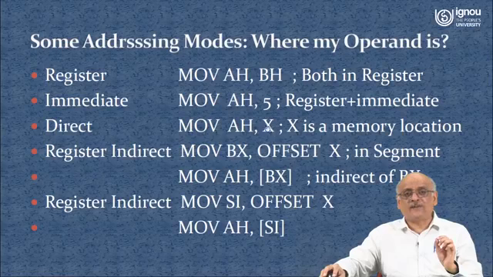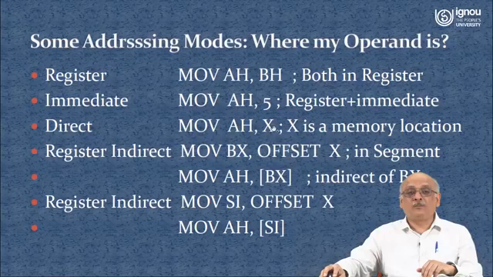So if we use two memory operands, say instead of AH we use some other location, say Y, then 16 plus 16, already 32 bits have been occupied, right? And the maximum length which we said was only 6 bytes. So other things were also there, so they discouraged this, and both the operands cannot be memory operands. This is one of the restrictions.